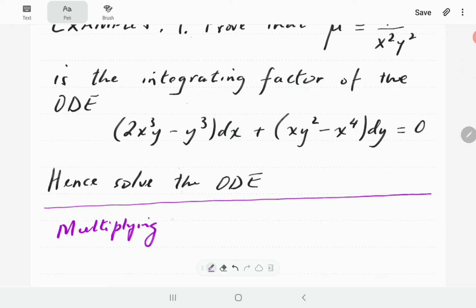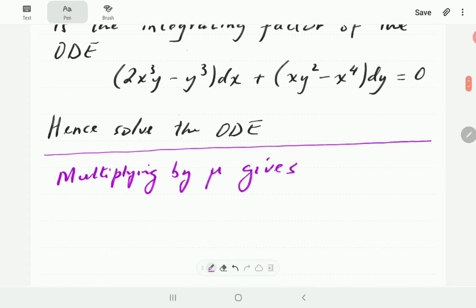So multiplying by mu gives: the first term is going to be 2x over y. Then this one is going to be y over x squared. So we're just dividing everything by x squared y squared.